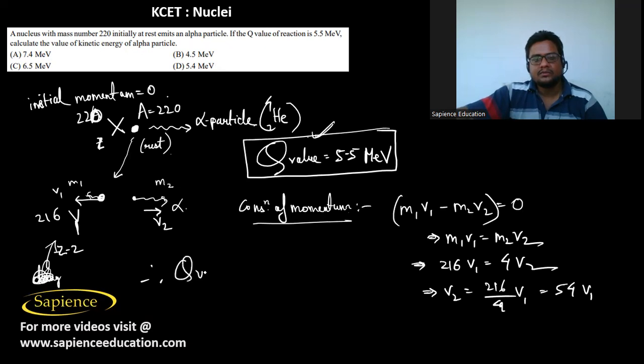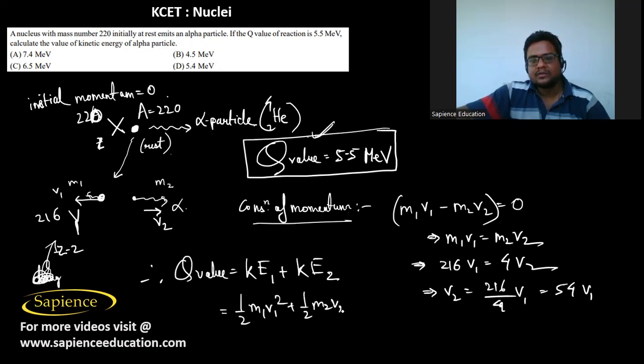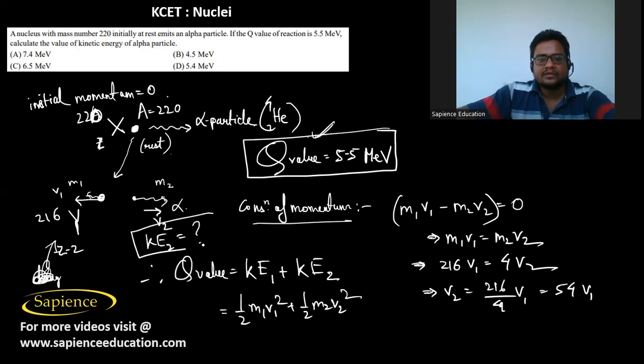So this Q value will be equal to the final kinetic energy of the nucleus 1 which is formed, plus the kinetic energy of the alpha particle. So KE1 plus KE2 will be equal to half m1 v1 square plus half m2 v2 square. Here we have to find the kinetic energy of the alpha particle, that means KE2 we have to find.